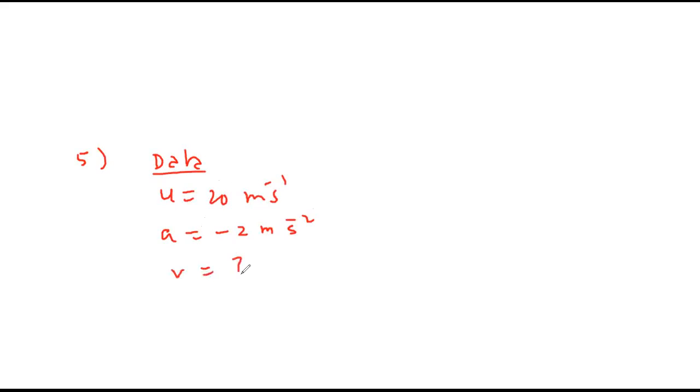The brakes are applied and the car retards, retard means minus 2 meter per second square. Find the velocity at the end of 4 seconds. Please do it and correctly tell the answer.